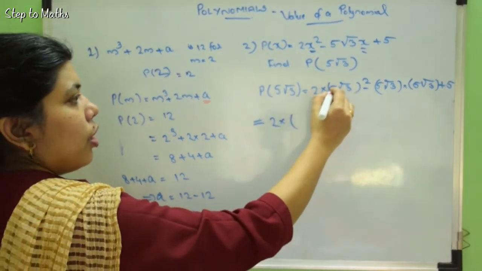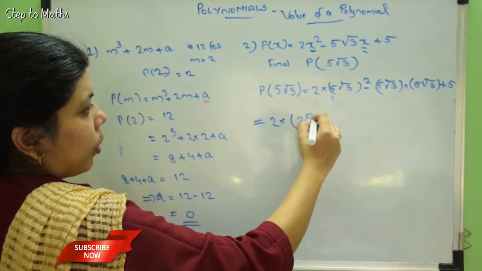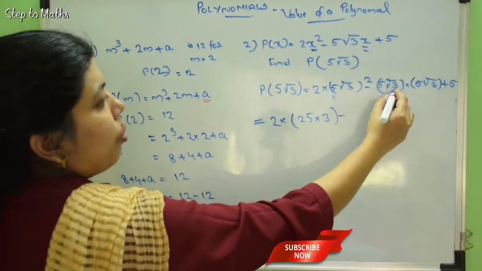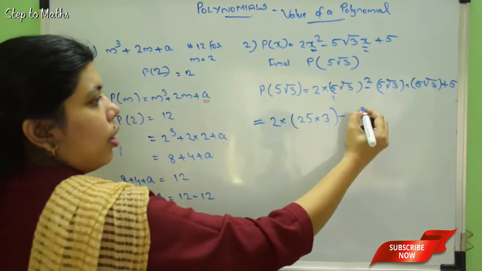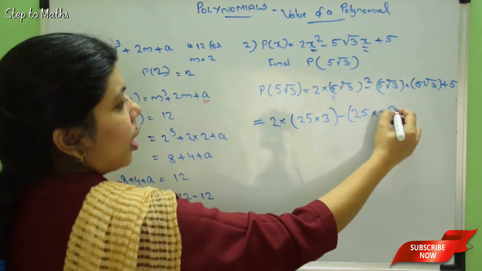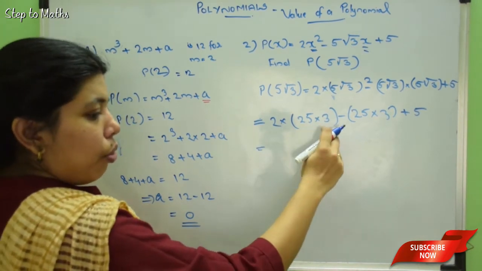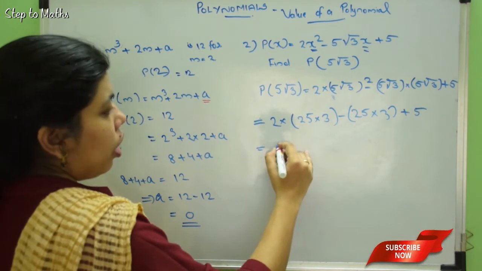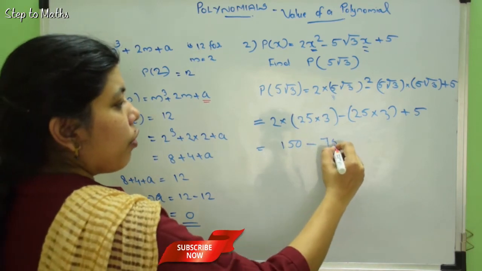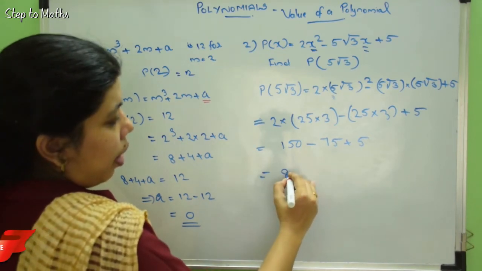Square of 5 into square of root 3. Square of 5 is 25 into root 3 square 3, minus 5 root 3 into 5 root 3, 5 into 5, 25 into root 3, 3 plus 5. 2 into 25 into 3 is 150, minus 25 into 3 is 75, plus 5, that is equal to 80.